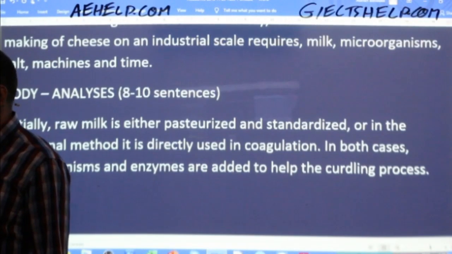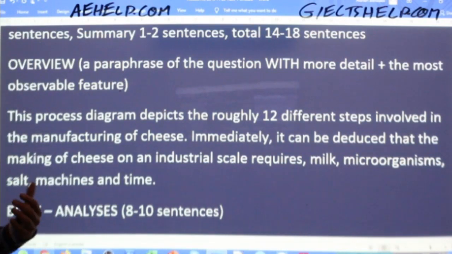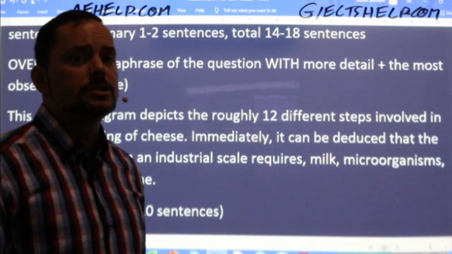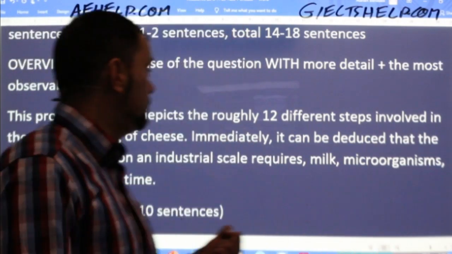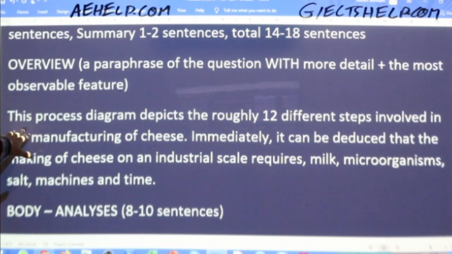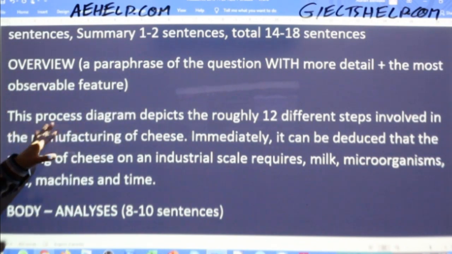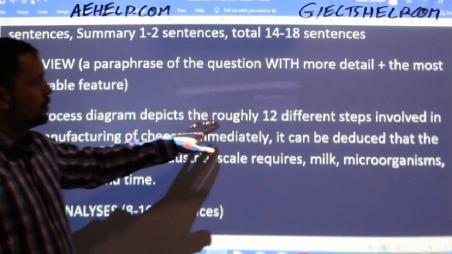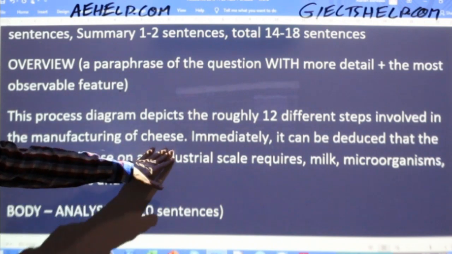Okay. So here we go. Let's read this from start to finish. Again, students, I will also post this essay on our YouTube community bulletin board. Let's read through it, read with me. This process diagram depicts the roughly 12 different steps involved in the manufacturing of cheese.